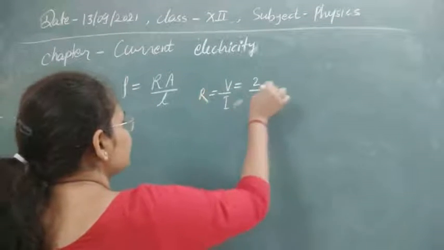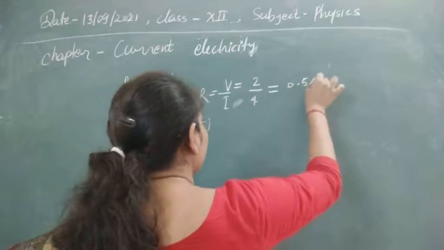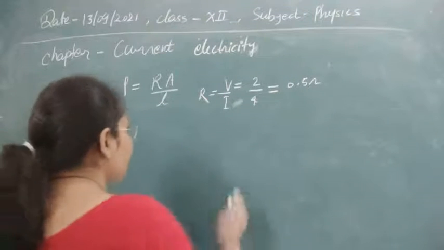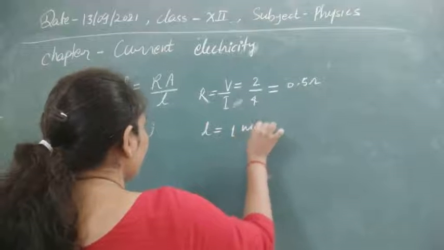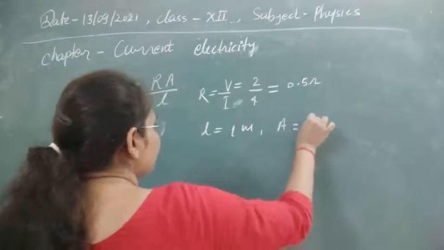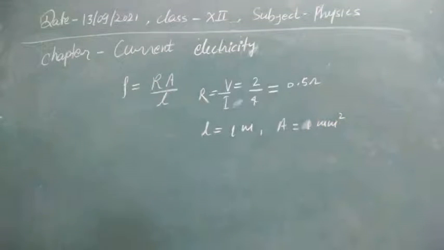The resistance of the nichrome wire will be equal to 0.5 ohm. The length of the wire is 1 meter, and the cross-sectional area is given 1 mm square, so you can convert it into meter square.